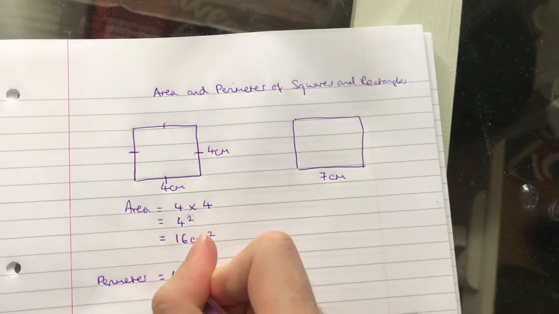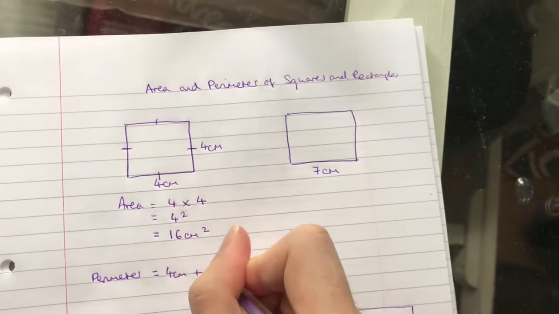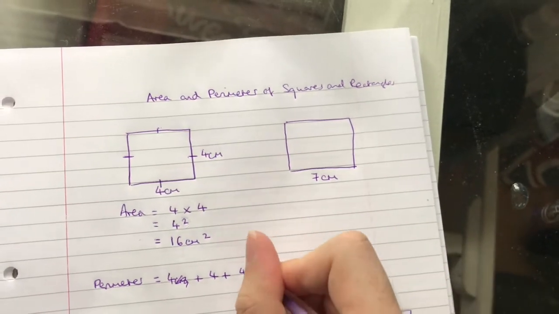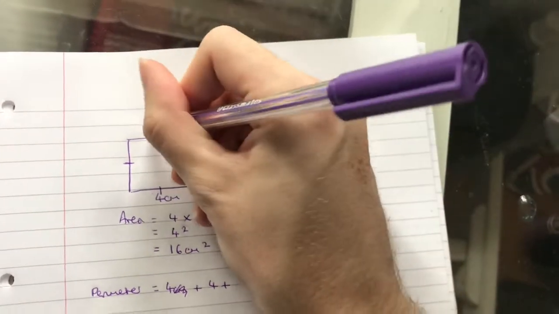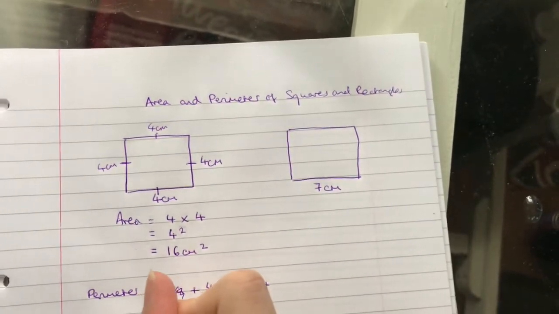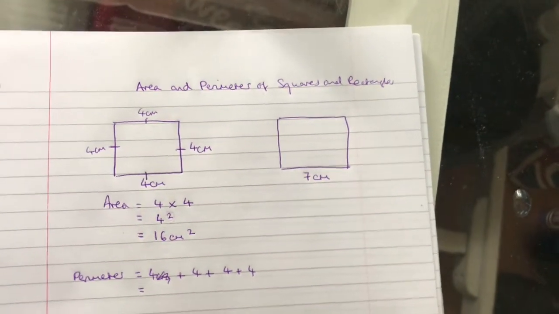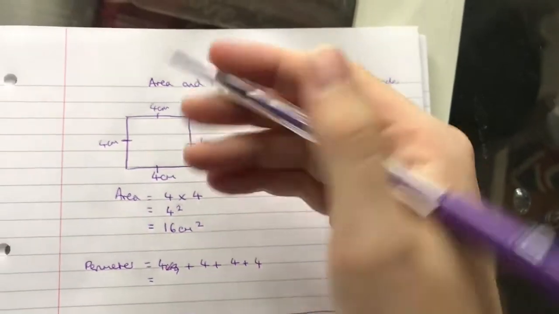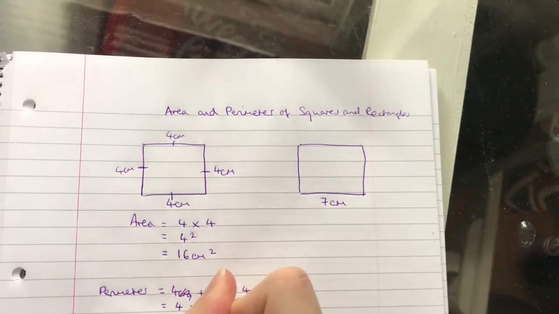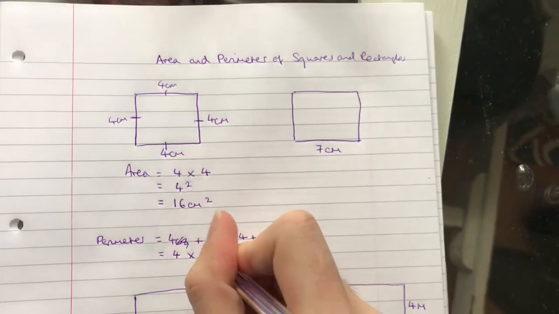So 4 centimetres plus 4 plus 4 plus 4. But a better way of writing this would be, because we know there are 4 equal sides, 4 lots of 4, or 4 multiplied by 4.